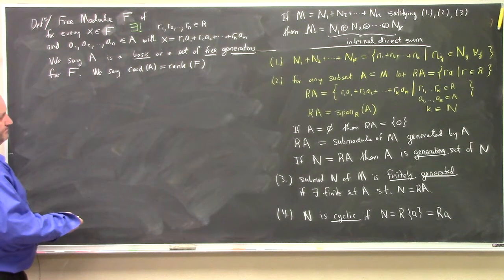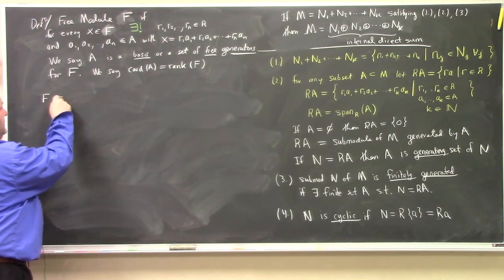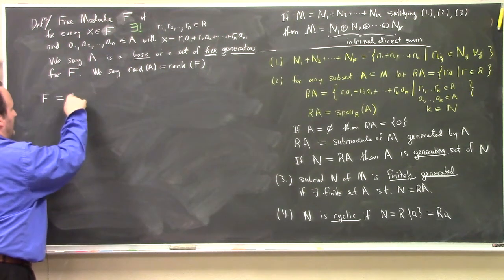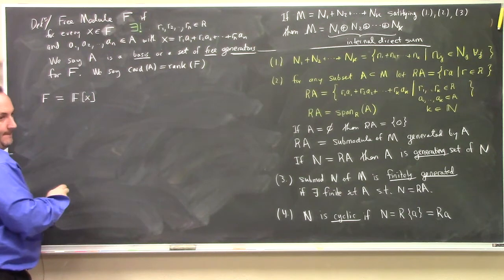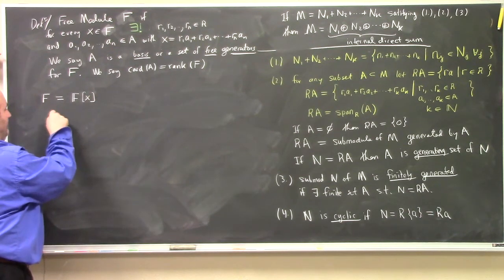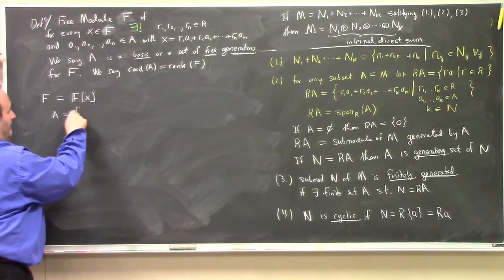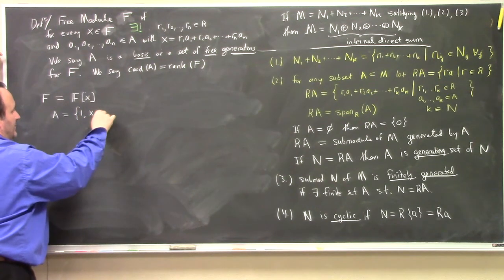How about F equal to polynomials over a field? Then what's the basis for that? Not a0 plus a1 x, but a set, right? So 1, x, x squared, and so on.